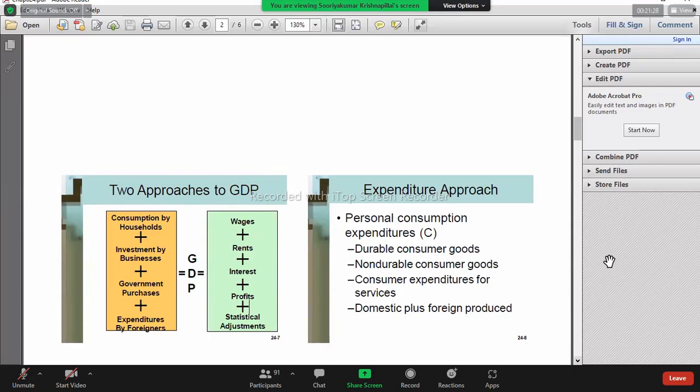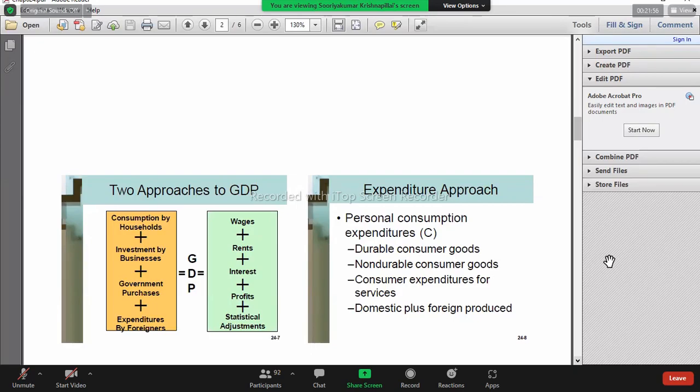Government purchases goods and services to supply the public service, so government purchase. And also the foreigners spend on our products, so expenditure by foreigners. So these are the expenditure approach.